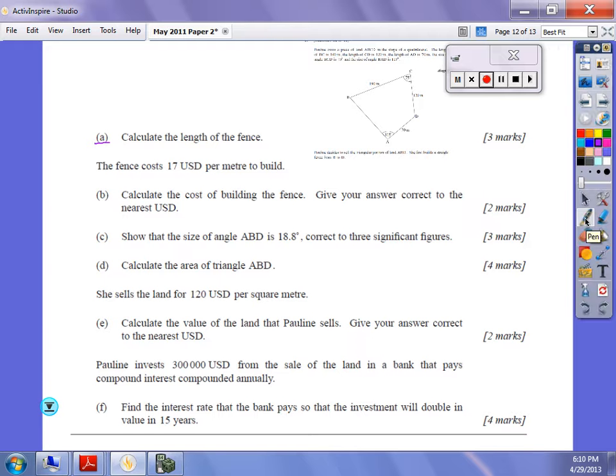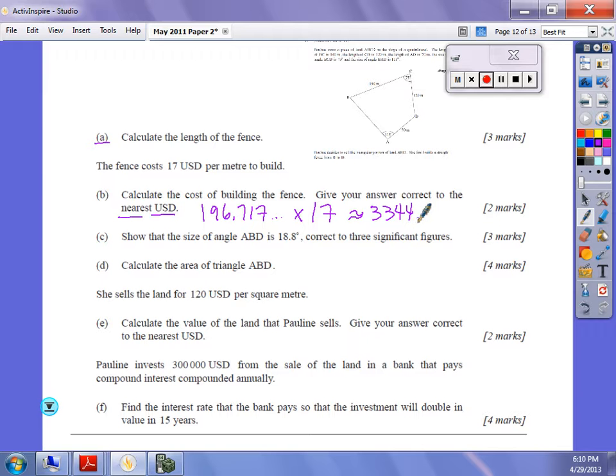So the unrounded value was, and what I would do is just use whatever was in your calculator. So we're going to say 196.717, and you had more stuff in your calculator, times $17 per meter, and that's equal to $3,344 rounded to the nearest dollar.